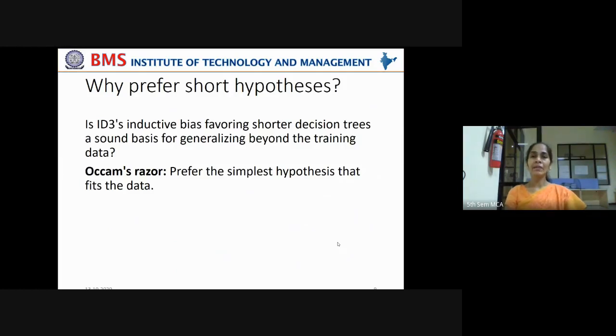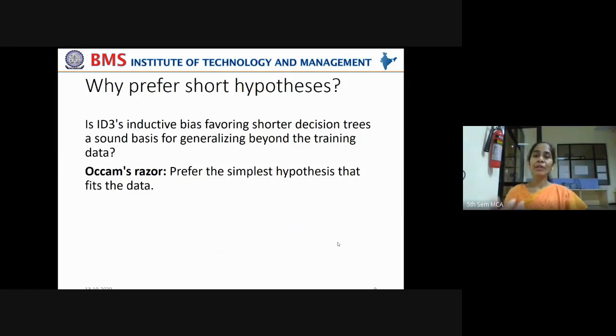Why do they prefer this short kind of hypothesis? Say there are some 1,000 hypotheses which fit the training examples, or the observed data. Now, among them, some hypotheses may not generalize well, meaning they may not be able to predict or apply properly in new circumstances.